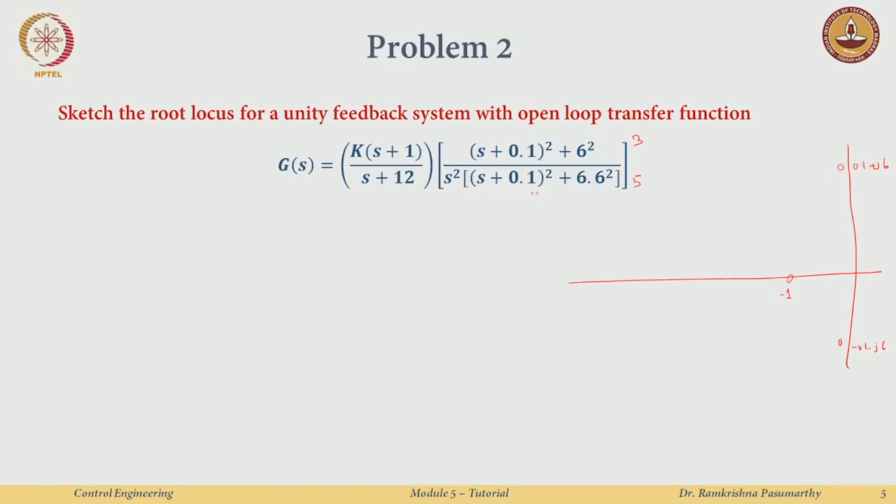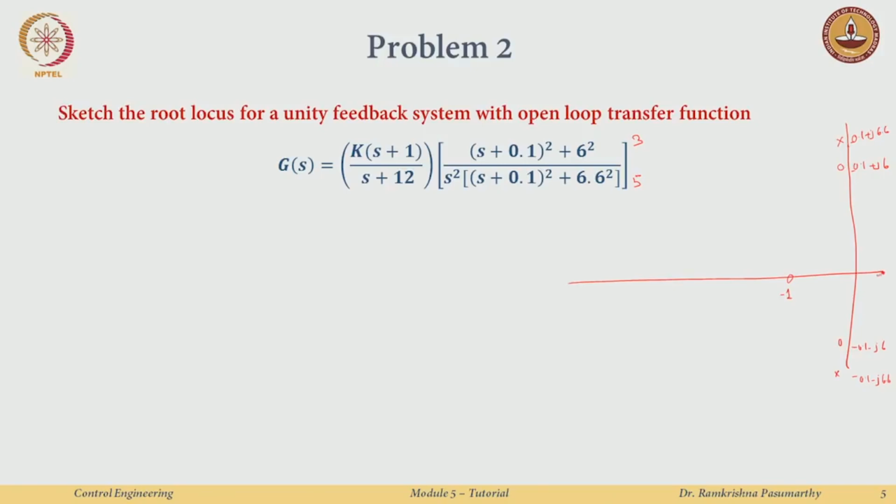Now, these two will tell me that there is a pole. Again, I am not drawing to scale, but just to make this a little more visible, at 0.1 plus j6.6, and minus 0.1 minus j6.6, and somewhere here is my origin.